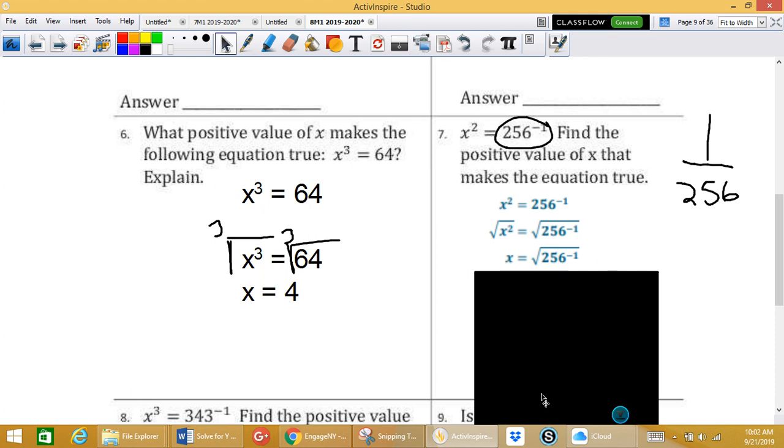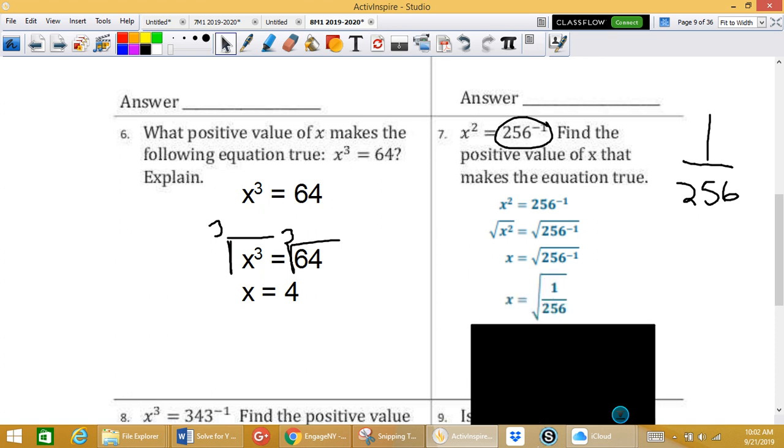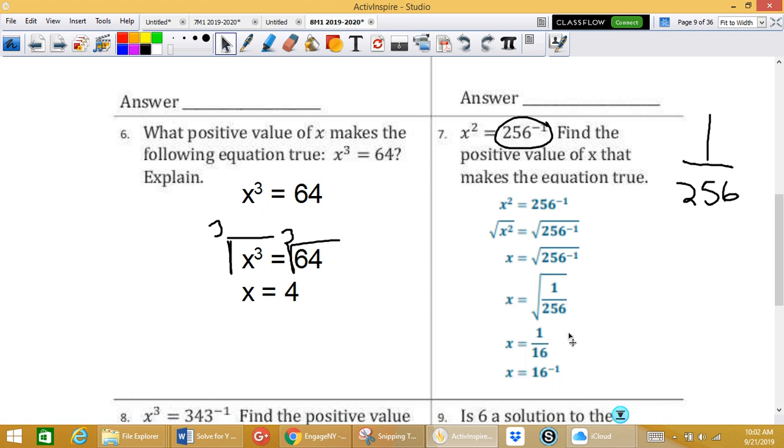What you really get here is the square root of 1 over the square root of 256. So the square root of 1 is 1, the square root of 256 is 16, and then you just flip it back over.